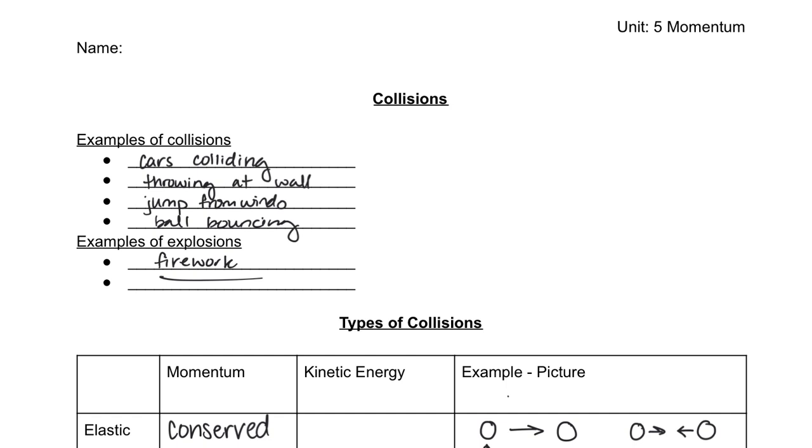Okay? So say you bump into someone, all that energy gets transferred into something else, right? And all your momentum will actually get transferred as well. However, the difference between momentum and kinetic energy is that kinetic energy may or may not always be conserved, right?